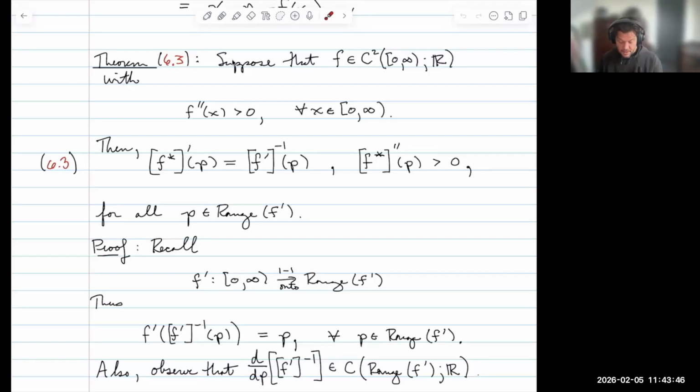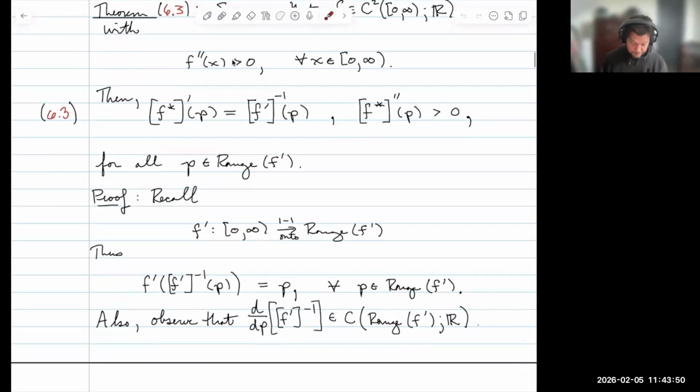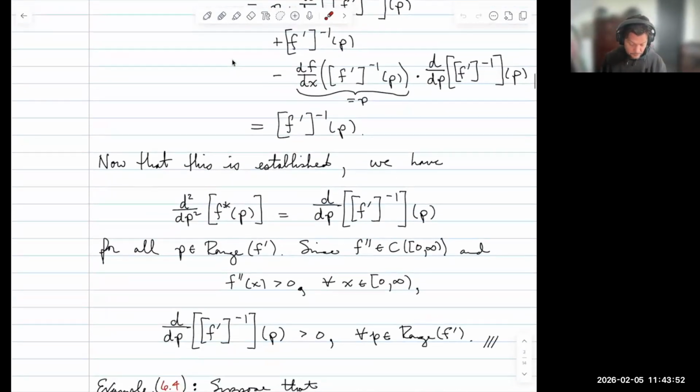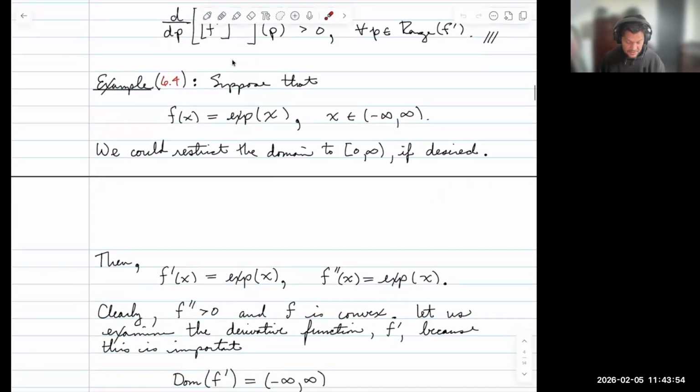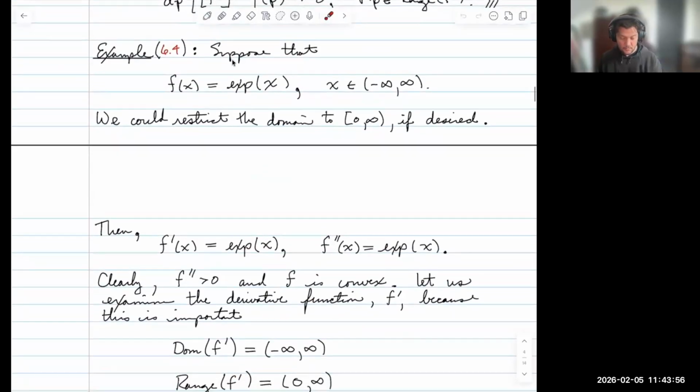Then the question is, well, what is the derivative of the star function? Let's do an example. I'm not going to actually take the Legendre transform of the Legendre transform, but I will give you the answer.